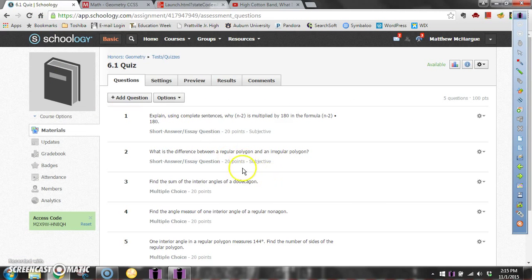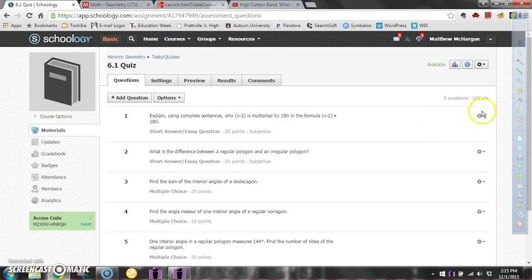Okay, number two: what is the difference between a regular polygon and an irregular polygon? Most of us got at least part of this right. A regular polygon has congruent sides and congruent angles. An irregular polygon does not.